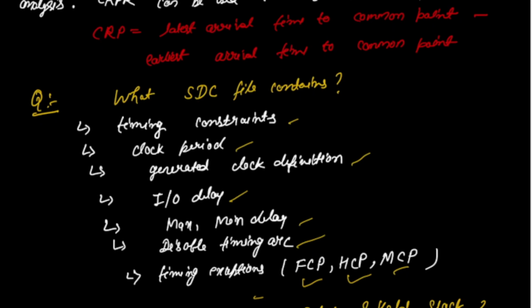FCP is false path. SCP is half cycle path. MCP is multi-cycle path. These are the timing exceptions which we have to give in the constraint file.